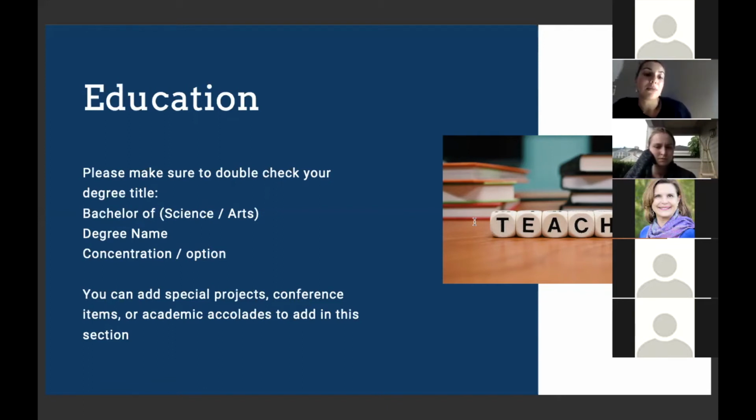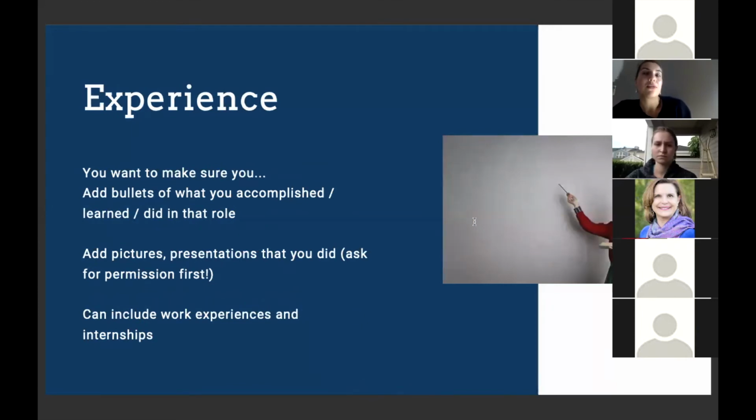You're welcome to add special projects under your education. So if you collaborated with professors or did research, even presented something at a conference, or have any other academic accolades, you can add them in, and you can also tag other people. You can have them comment. The heartier and the more information you can give, the better understanding your audience can get about who you are and what you've done. And that's something that you can't always fit in just a 1 or 2 page resume.